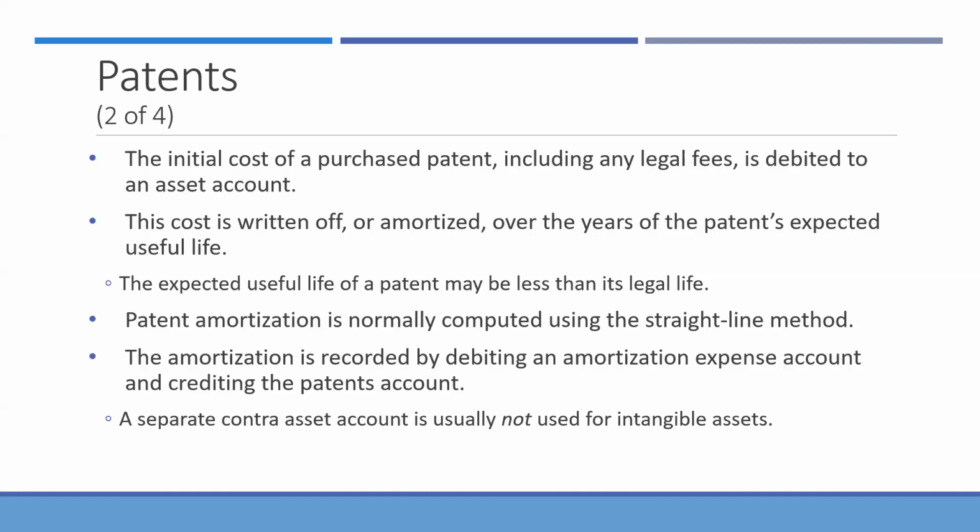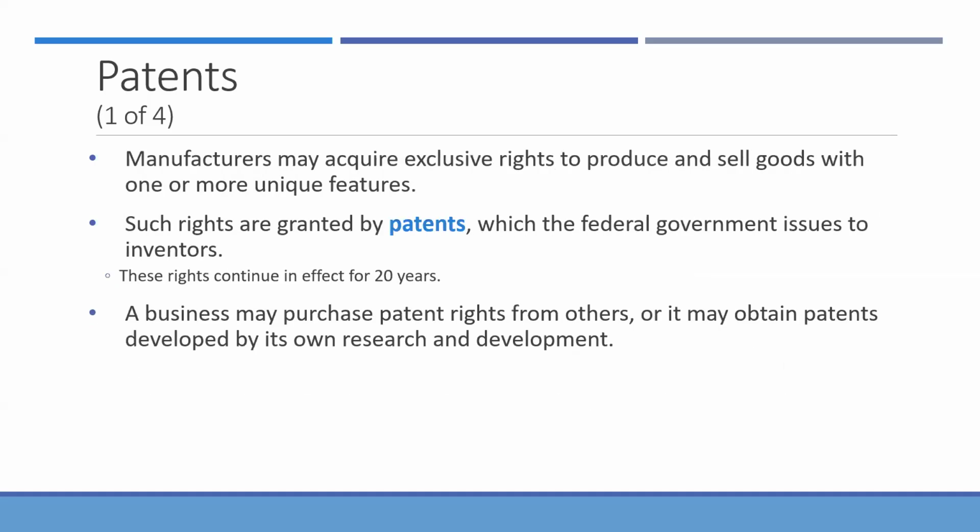However, if another company is purchasing the patent, that's a lot simpler. The historical cost of the patent that's already created is a lot more certain. We just capitalize the entire cost that was given to purchase the patent. And patents, from manufacturers or drug companies, are new technology that's developed, and the government gives exclusive rights to produce or sell goods with these unique features.